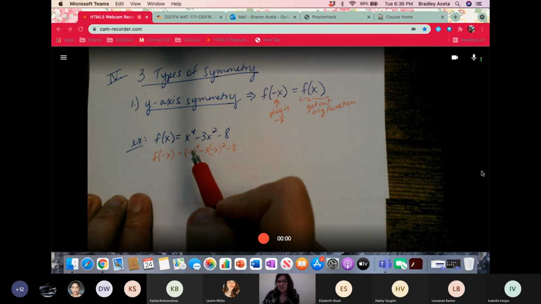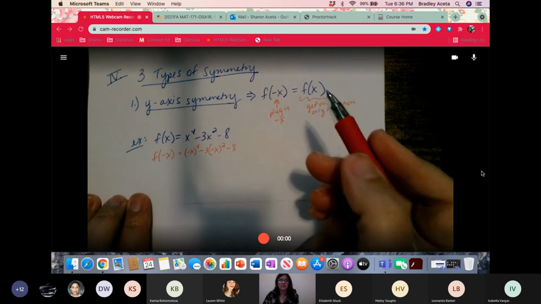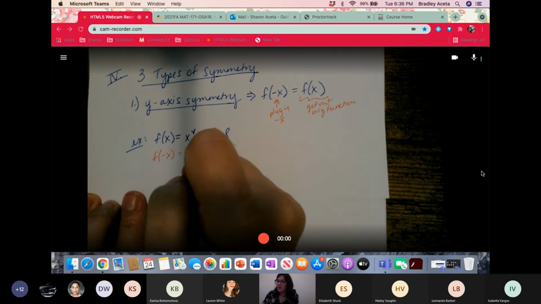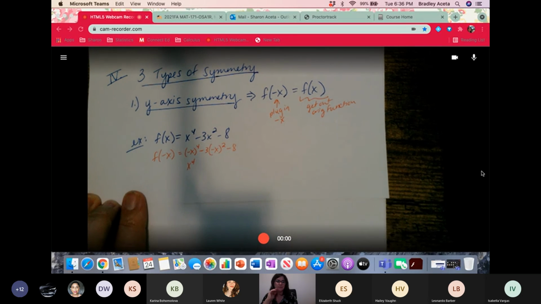Well, what happens when you raise a negative to a fourth power? Like negative times negative times negative times negative. Well, any even amount of negatives will always make it go back to being positive.